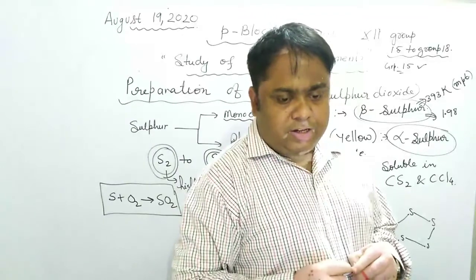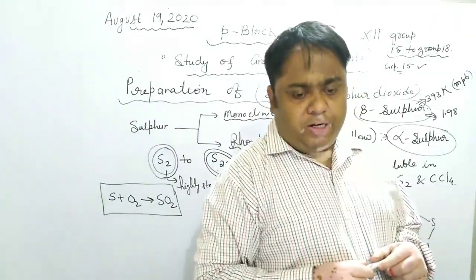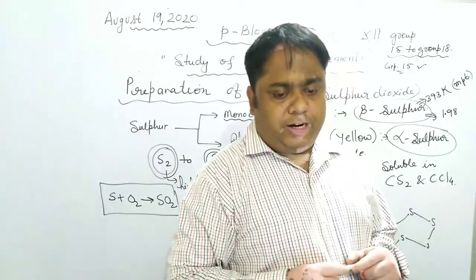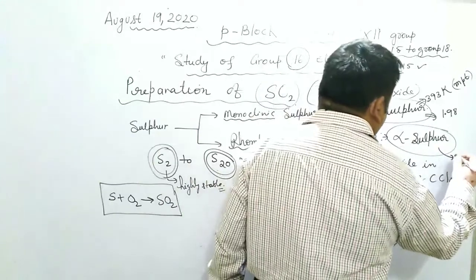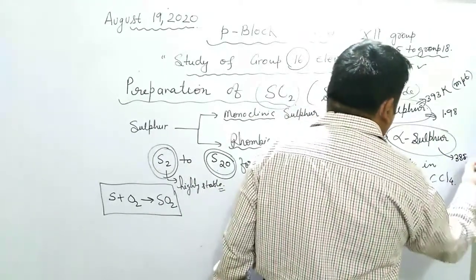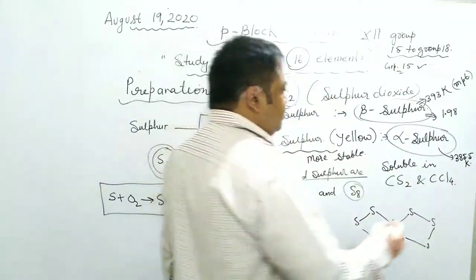Whereas in case of alpha sulfur, that means rhombic sulfur, melting point is 385.5 Kelvin.